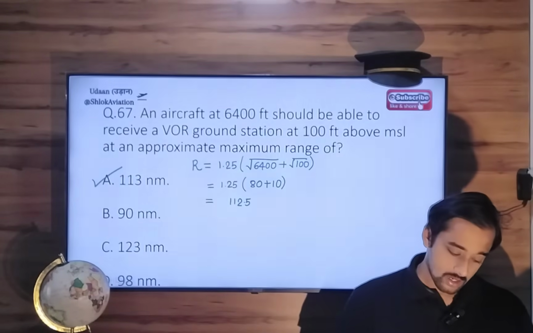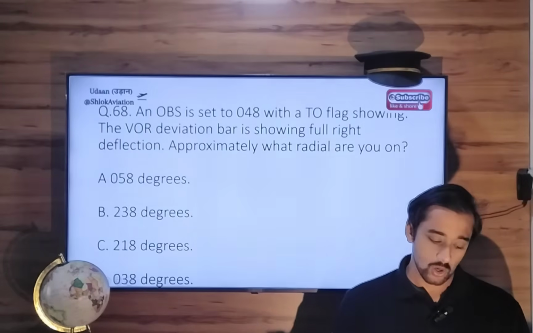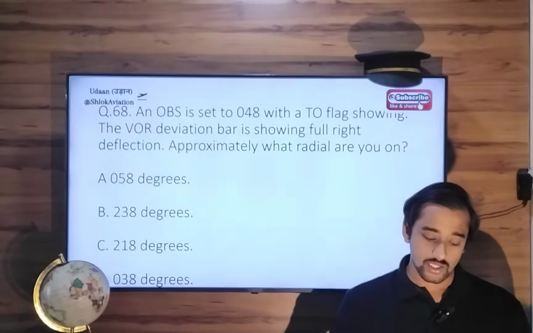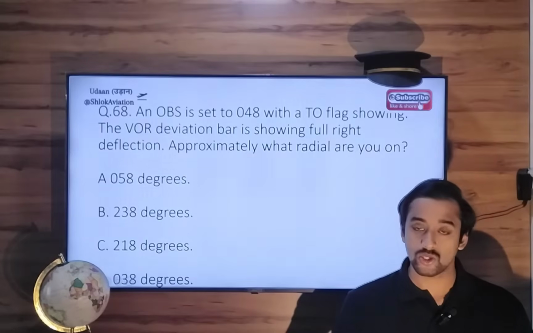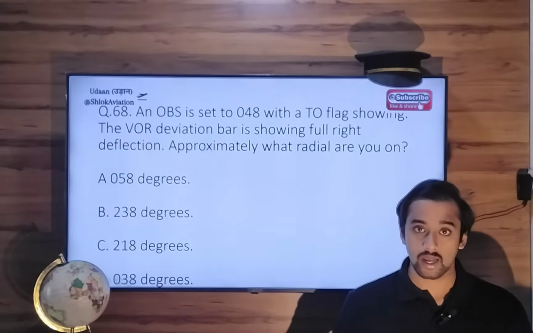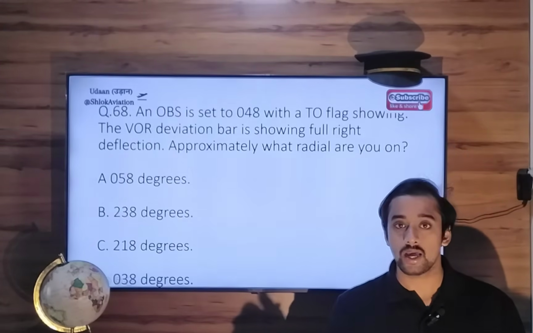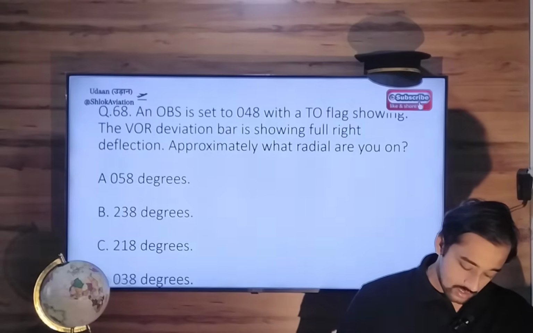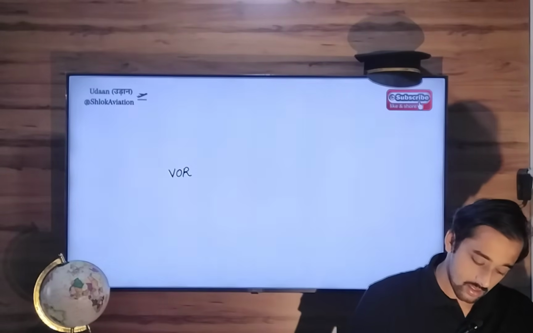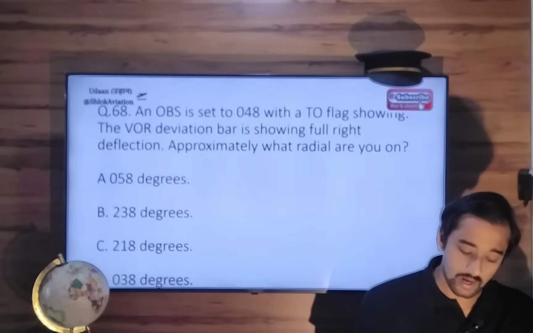Simple. Question 68. You have set an OBS setting 048, and it shows TO indication. The VOR deviation is showing full right deflection. Approximately what radial are you on? So let's draw a VOR station. With 048 in your OBS, you get a TO indication.